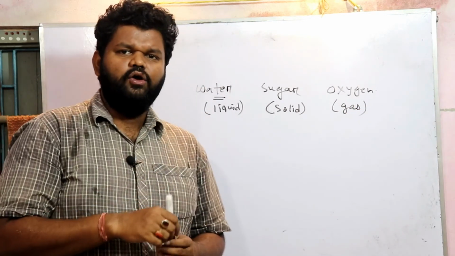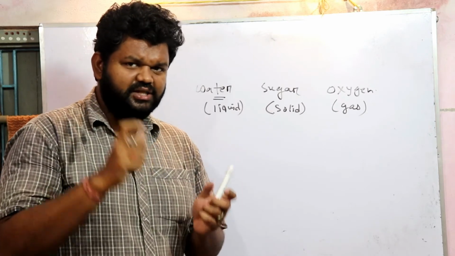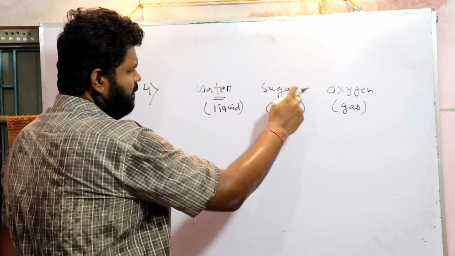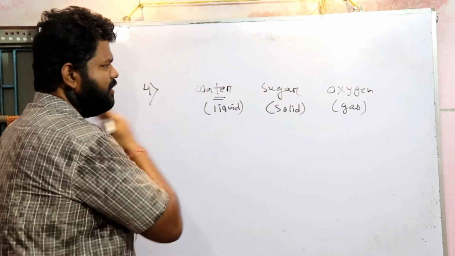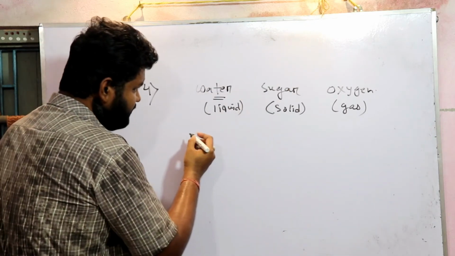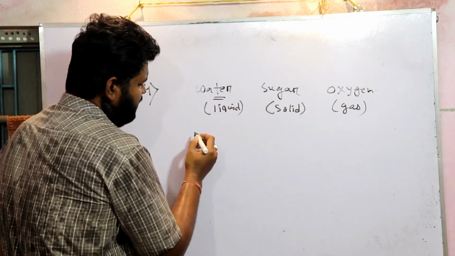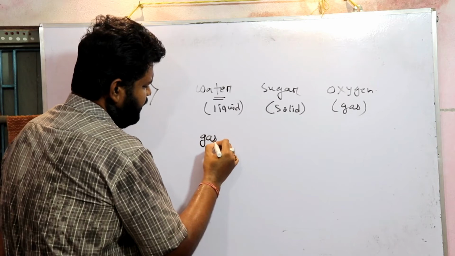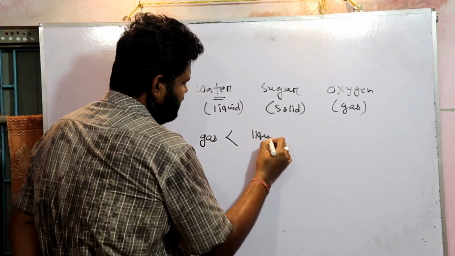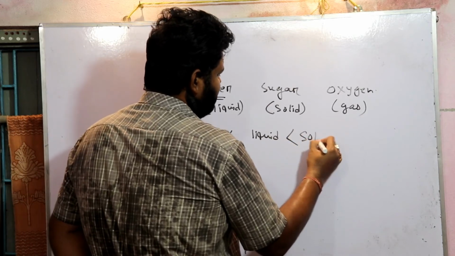So here we are asked to arrange in increasing order, that means low to high, gradually increasing. So at first gas is less than liquid, is less than solid.